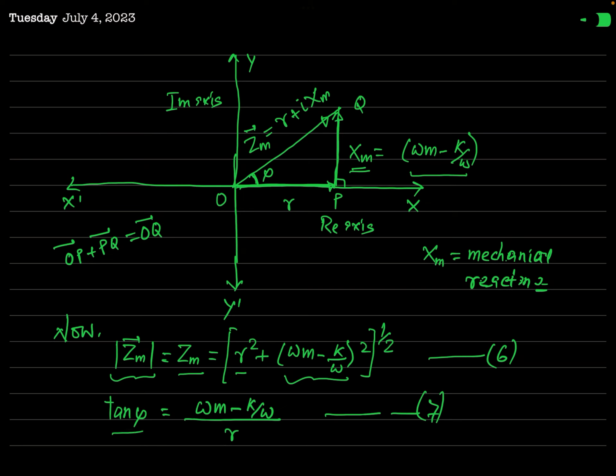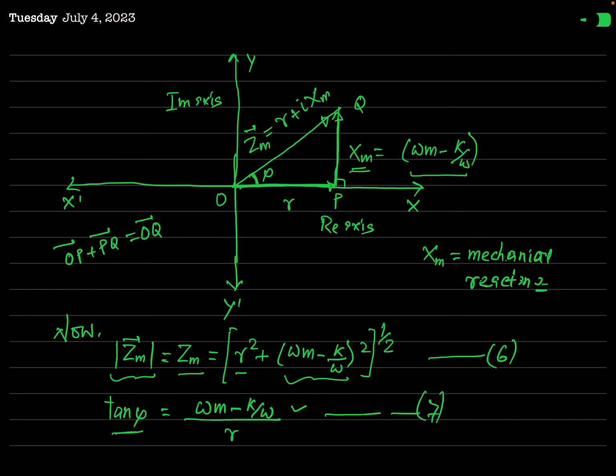This phase factor phi will be given by tan phi equal to what? This will be Xm divided by R, but Xm is omega m minus k by omega. So tan phi will be equal to omega m minus k by omega over R. Okay. So in this way, we have obtained the mechanical impedance of this system and its phase factor.